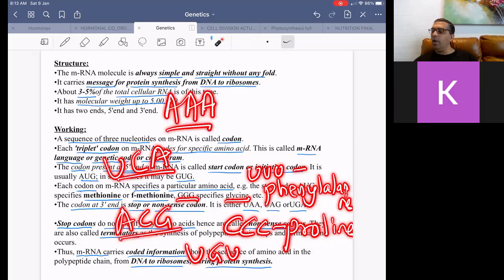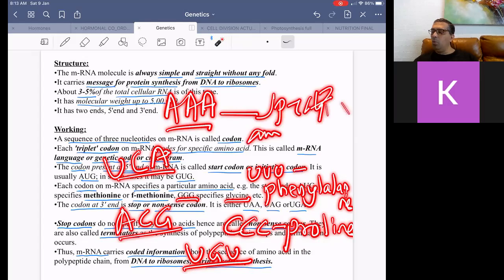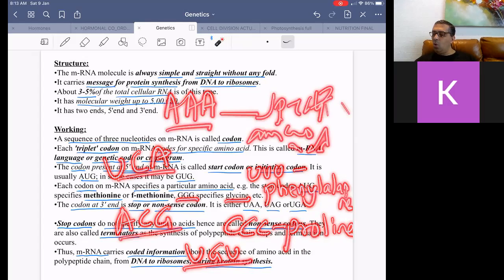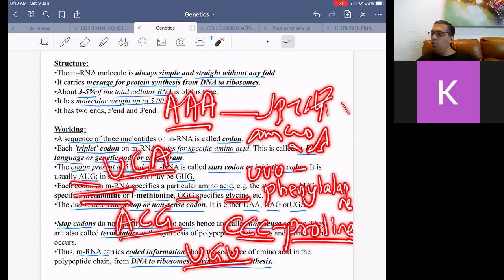Each codon will code for a specific amino acid. So we remember two or three. AUG codes for methionine, CCC codes for proline, UUU codes for phenylalanine, GGG codes for glycine.